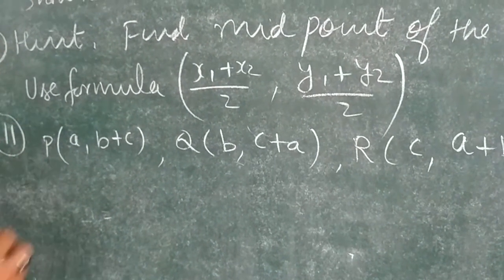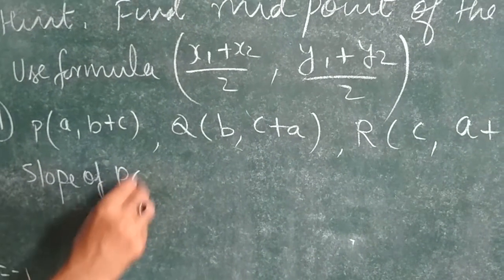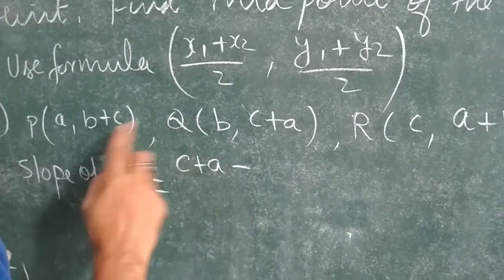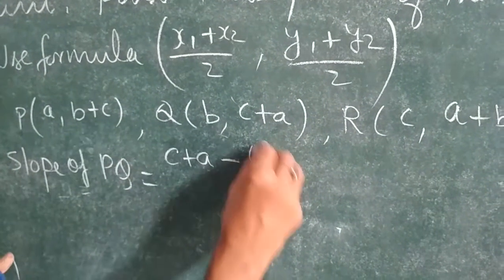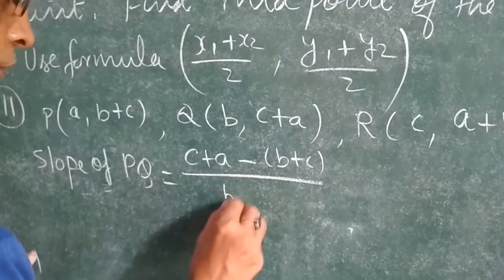So first we find the slope of PQ. C plus A minus... y2 minus y1 upon x2 minus x1.